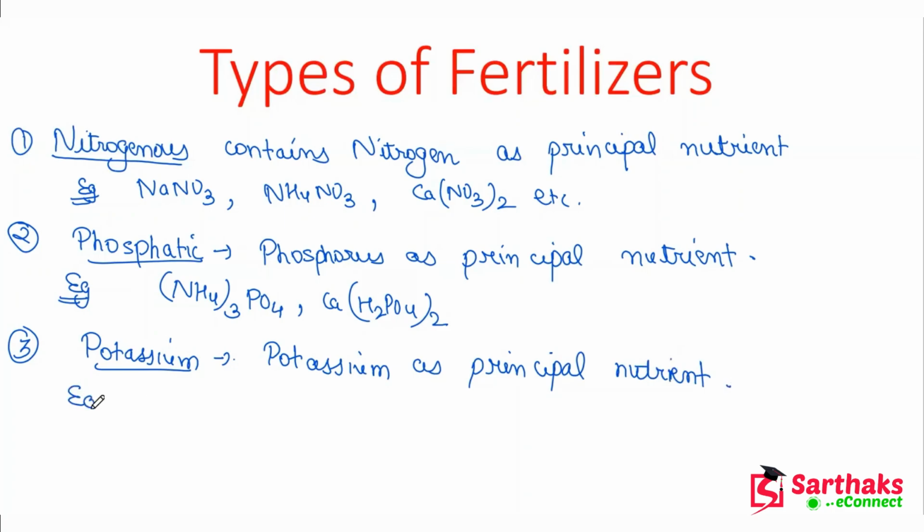The examples of potassium fertilizers are K2SO4, KCl, and KNO3. Now there are some mixed fertilizers also that contain more than one nutrient. For example, potassium ammonium phosphate.